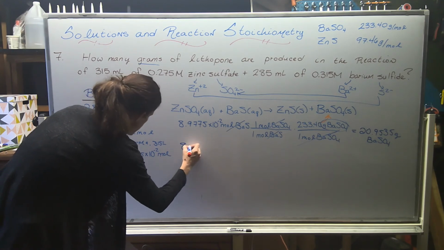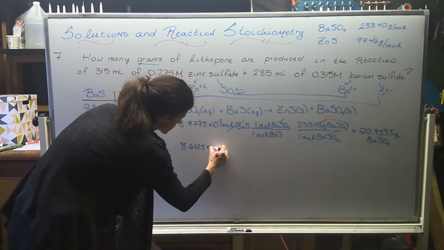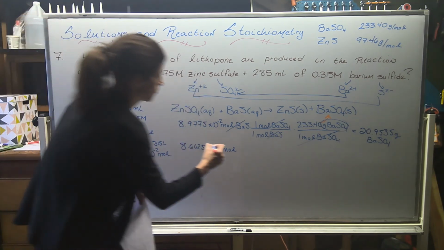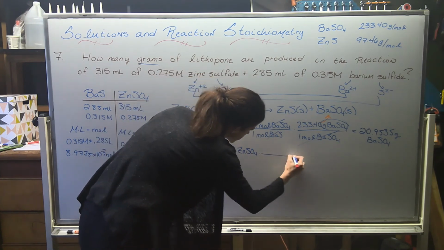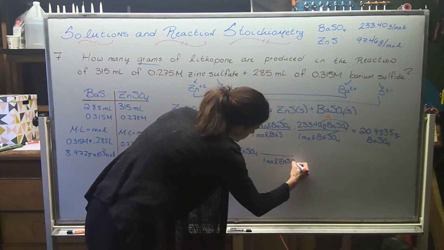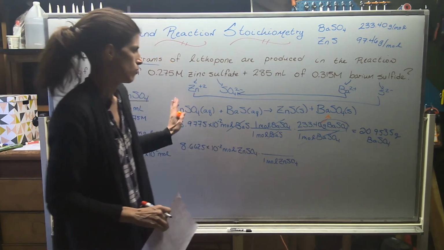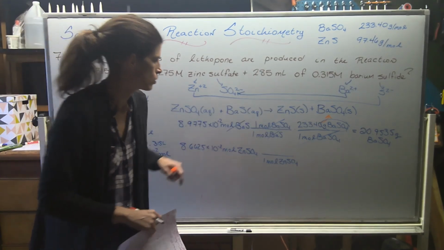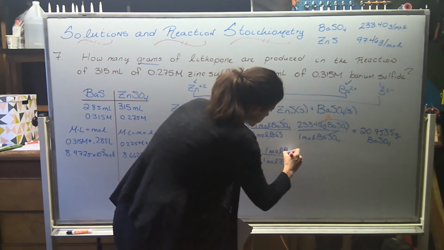So I'll start with 8.6625 times 10 to the negative 2 moles of zinc sulfate. And 1 mole of zinc sulfate. And you know what? I'm pulling out those numbers really quickly here. I knew it was 1. There's all 1s on this balanced equation. 1 mole of zinc sulfate results in 1 mole of barium sulfate.